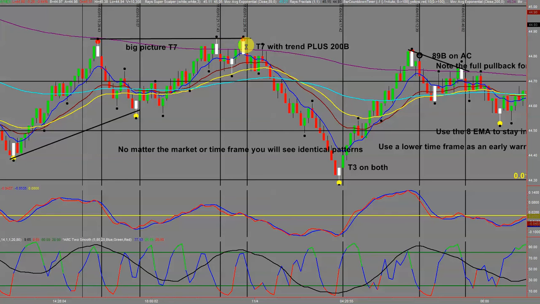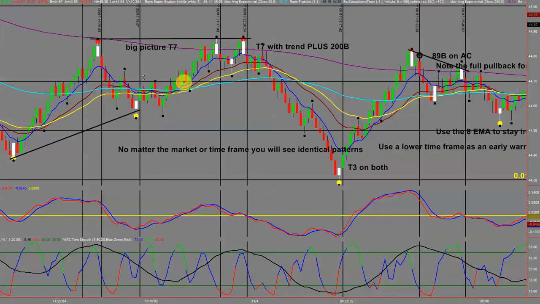However, you can see there the resistance. Now the black lines that you see here are the $45 a barrel, 44.70, 44.50, and 44.30, and you can just see that, as we know, the support and resistance that you'll get at those round numbers in trading oil.